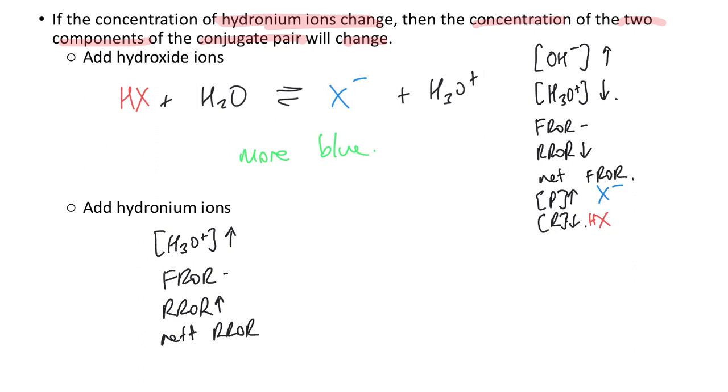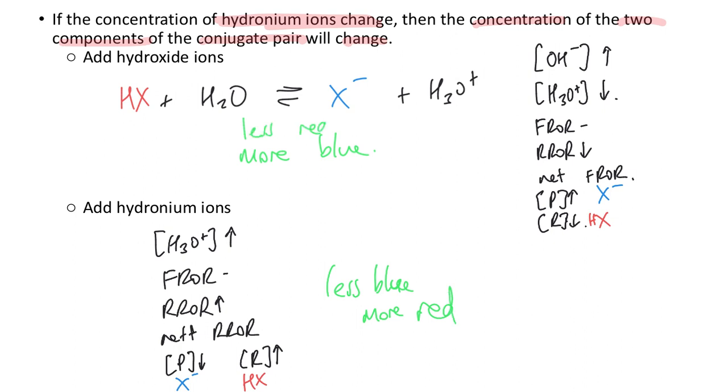If there's a net reverse rate of reaction, the concentration of products goes down and the concentration of reactants goes up. If the reactant is HX and the product is X minus, it becomes less blue, more red. You can also say the same thing the other way: it'd be less red here.